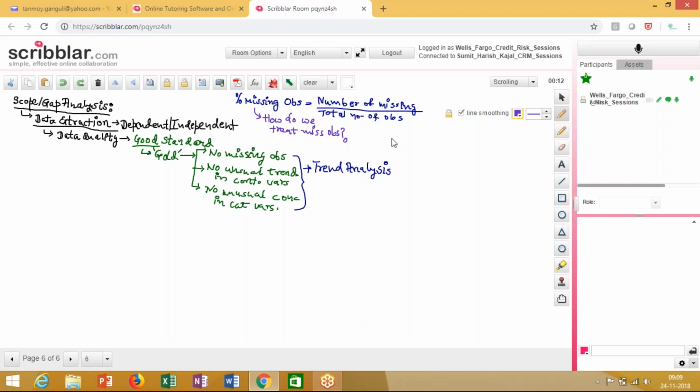So let's first create the reasons for the missing observation. The first reason is negligence.